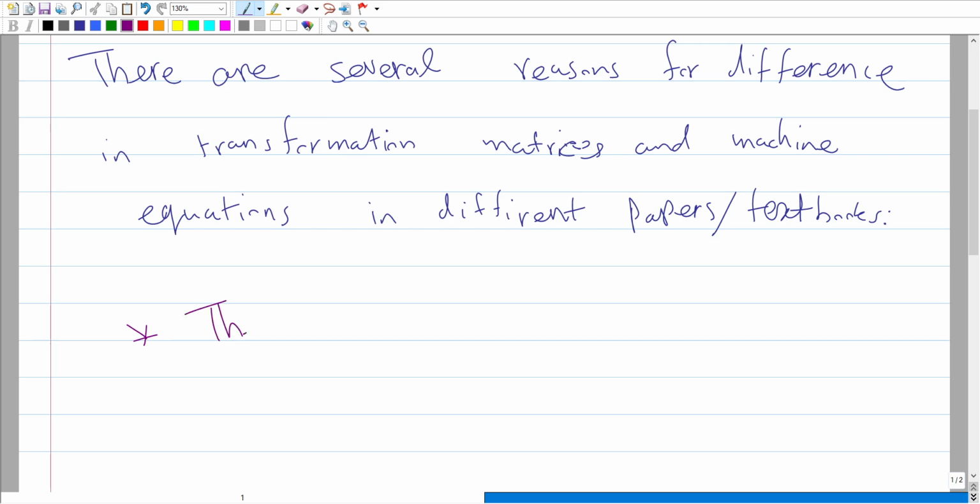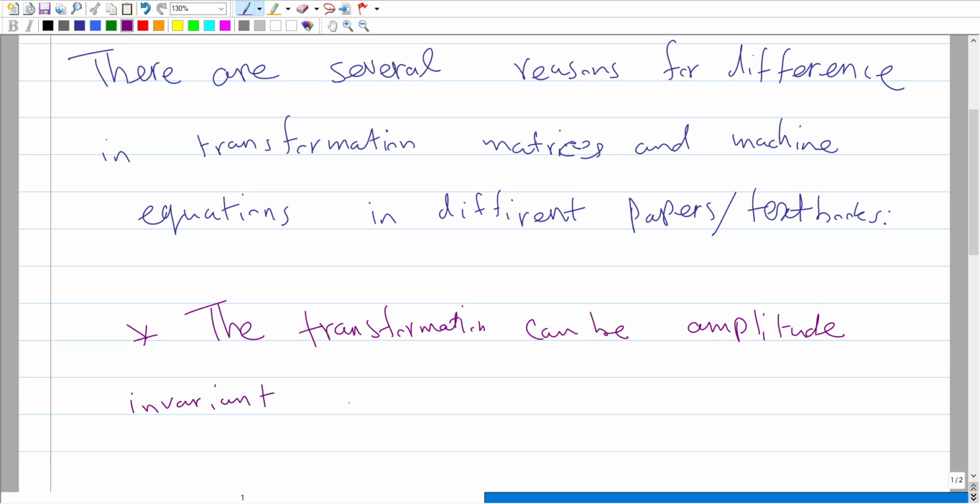The transformation can be amplitude invariant. I will explain. Amplitude invariant or power invariant.